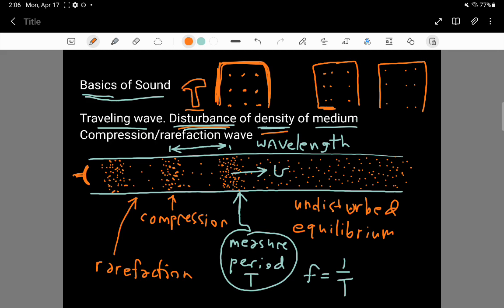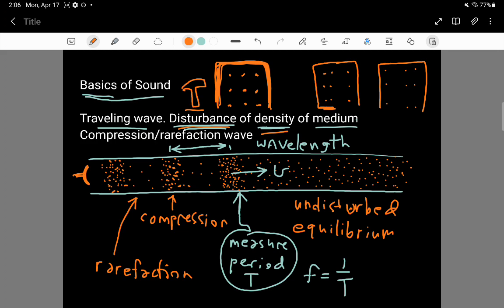So the medium, if the medium prefers to look like this right here, then it's going to try to restore itself to that equilibrium distribution of the molecules. And so after being squeezed together, they're going to try to stretch back out.